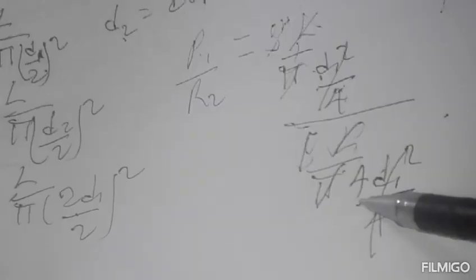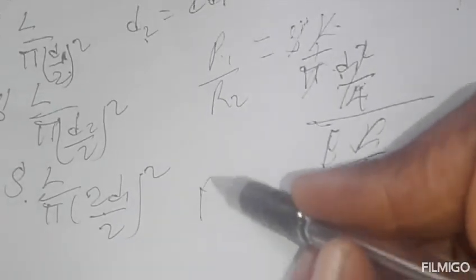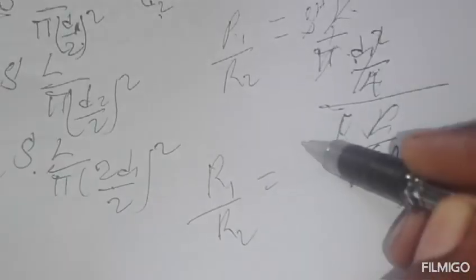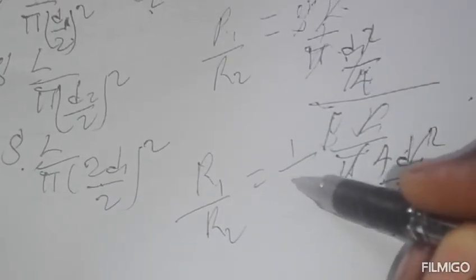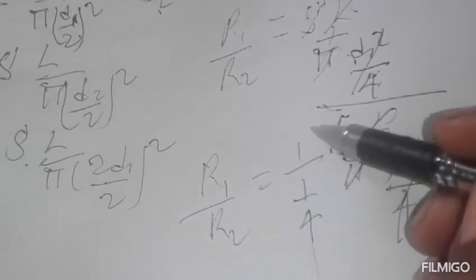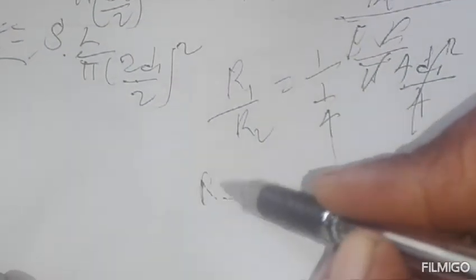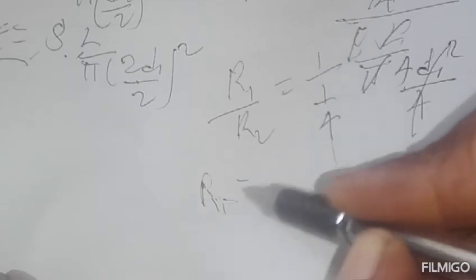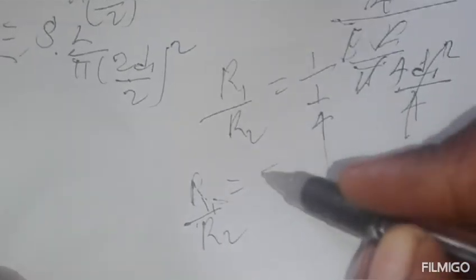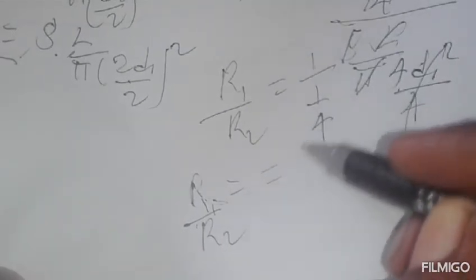What's left? 4. So resistance 1 over resistance 2 is equal to 1 over 4. Reciprocal multiplication ብንጠቀም, resistance 1 over resistance 2 is equal to 1 over 4.